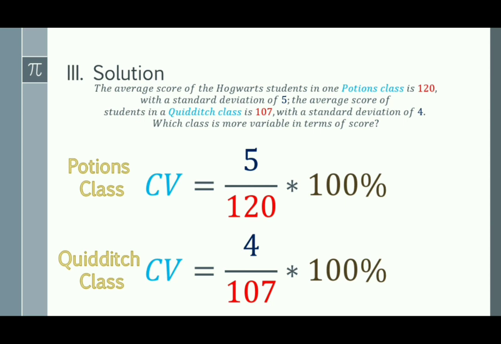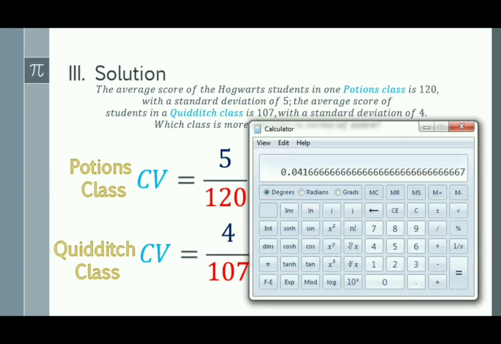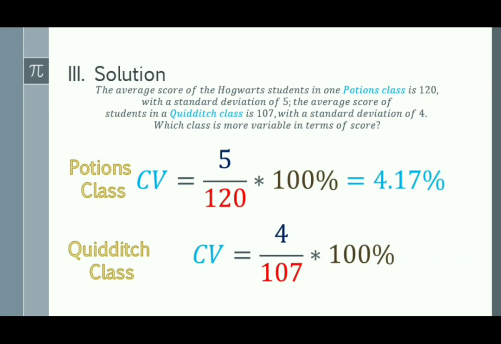We can use the calculators in finding our coefficient of variation. So in the Foshan class, 5 divided by 120 is equal to 0.04166 repeating decimals, and then we multiply it by 100%, so we'll get 4.17%.